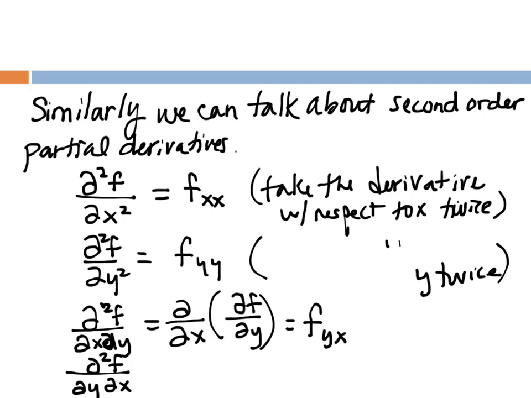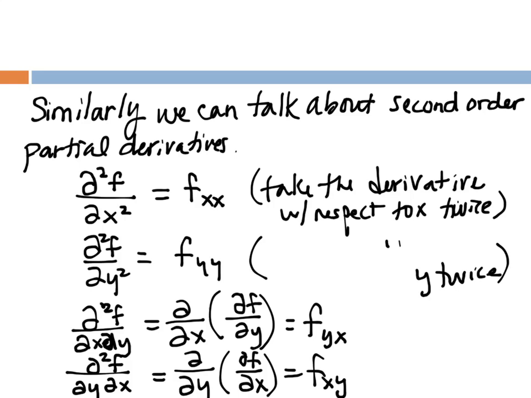F sub yx means take the first partial with respect to y, and then the second partial with respect to x. So we're doing it in the other order. So the same thing happens down here. This is delta f delta y of delta f delta x, which is actually f sub xy in reverse order. I'm not a fan of the notation switching, but that's why they're switching. It's a little awkward.